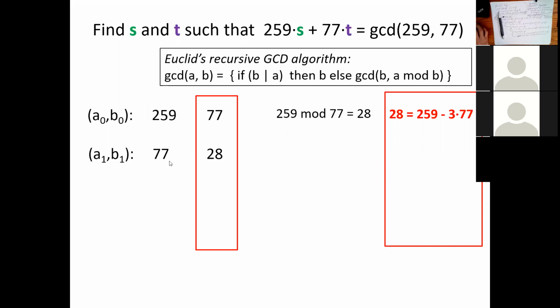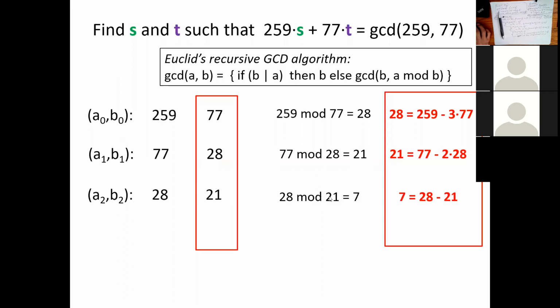Now we need to compute 77 mod 28, and that's 21 because of this equation. That's the nearest multiple of 28. So in the next recursive call, my new A will be 28 and my new B will be 21. Here they are, denoted A2, B2. Now I do the modular reduction and I get 7, because of this equation.